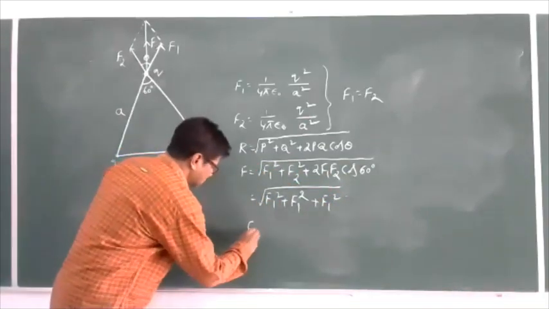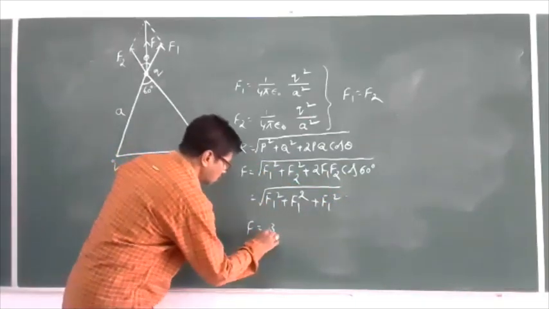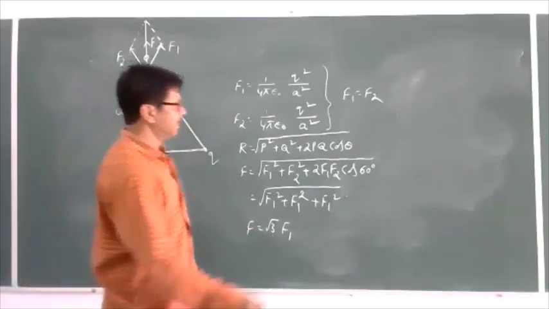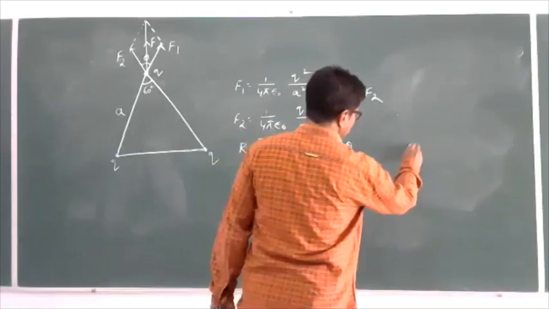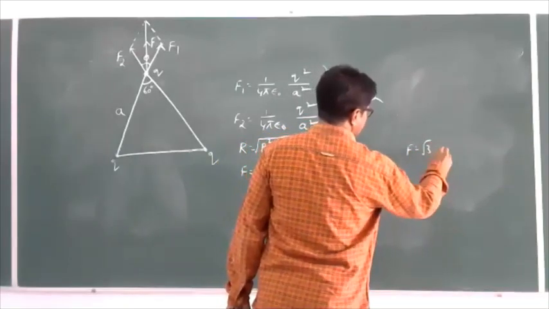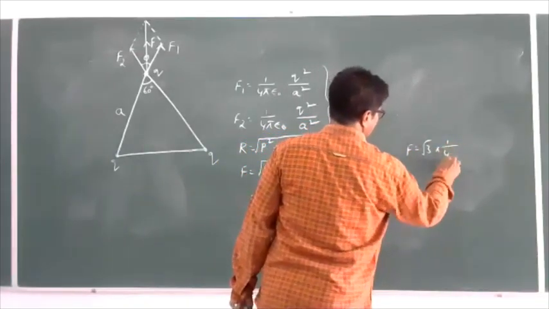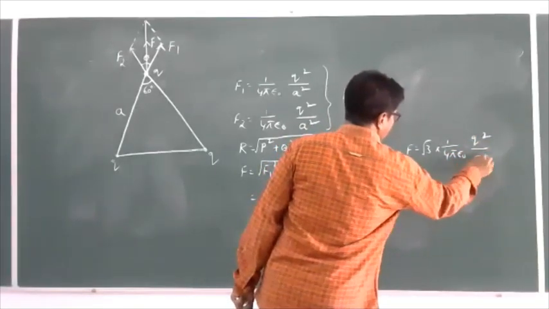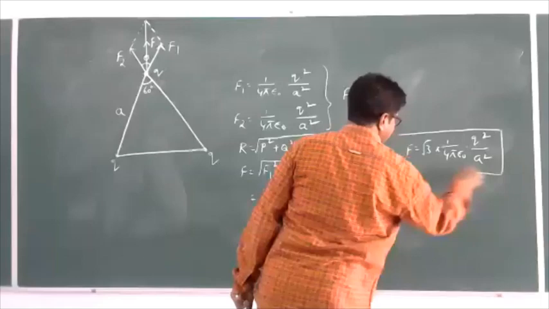If you take the square root, root 3 F1 is the answer, where F1 is equal to 1 by 4 pi epsilon naught Q square by A square.